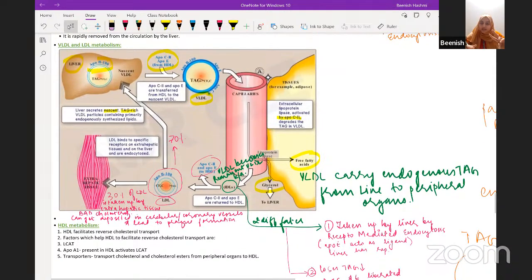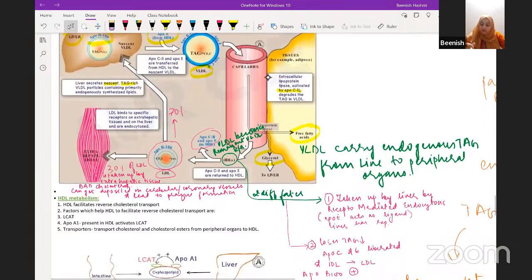Now this IDL has two fates. One, it can be taken up by the liver, and the second is that it loses TAG. It also liberates ApoC and E, and is left with only ApoB100, and then it is called low density lipoprotein or LDL. So your VLDL changes into IDL, and then that IDL changes into LDL. This is known as the lipoprotein cascade pathway. Now this LDL again has two different fates.